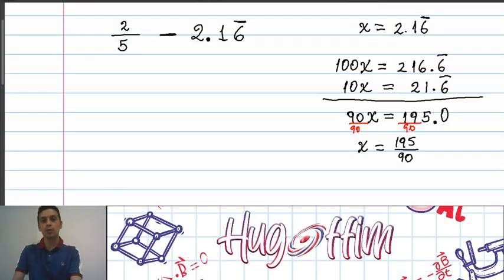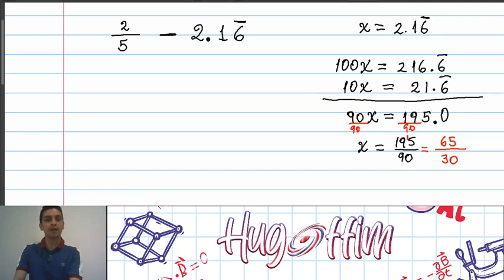So let's do it. I'm going to divide by 3. So if I divide by 3, this is going to be 30. And 195 divided by 3 is going to be 65, and 90 divided by 3 is going to be 30.